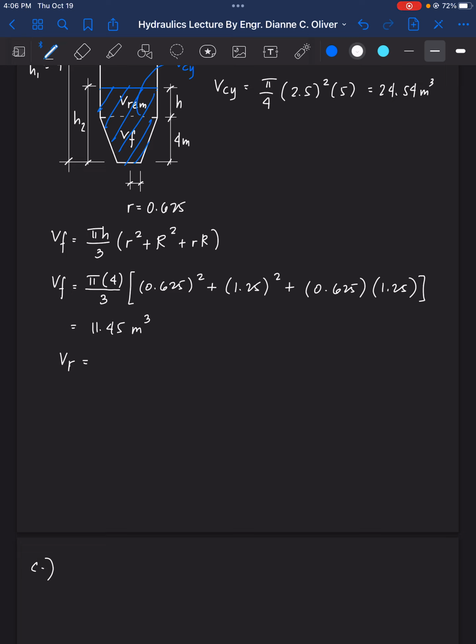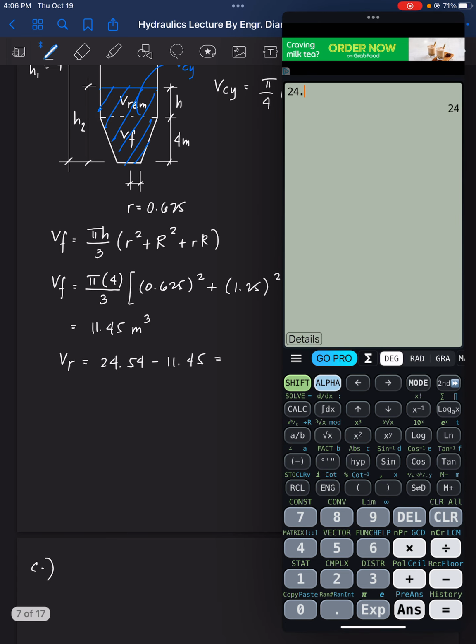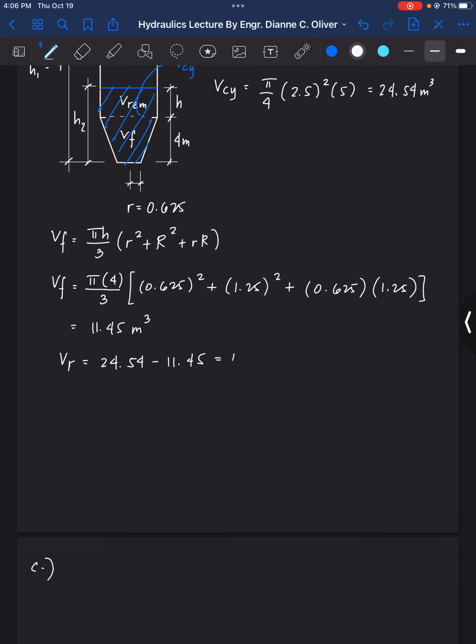Therefore, our VR now is equal to VCY, 24.54 minus 11.45. That is equal to 13.09 cubic meter.